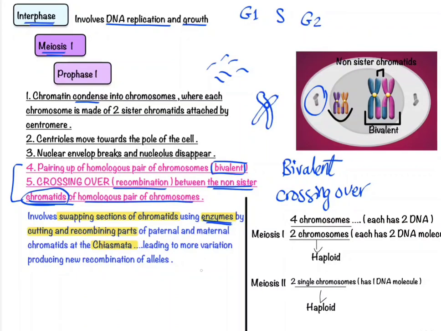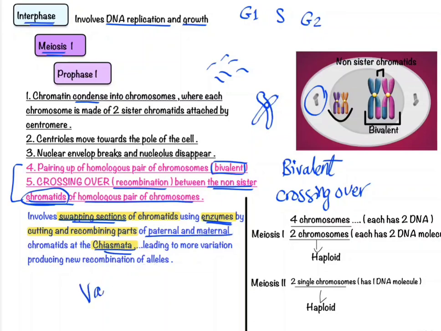Like the enzymes break it down, where they can now be used to cut and recombine. Like we cut the blue part here and we join it, recombine it there. We cut the pink part here and we recombine it there, okay? So swapping sections of chromatids happens using enzymes by cutting and recombining parts of paternal and maternal chromatids at the chiasmata.